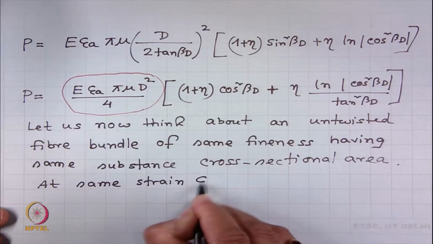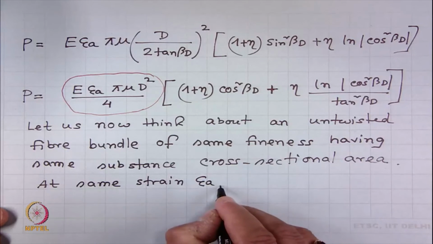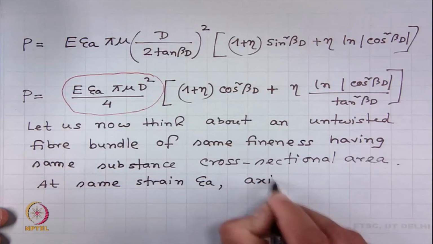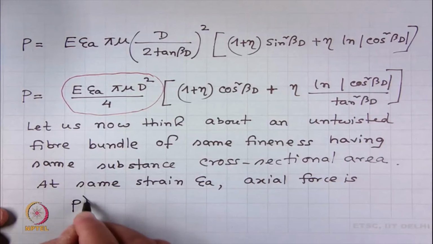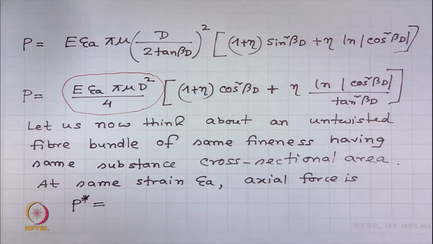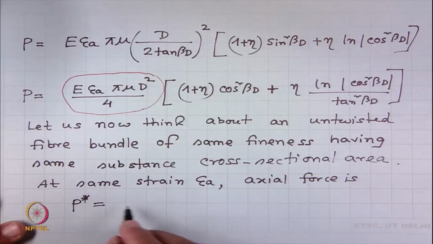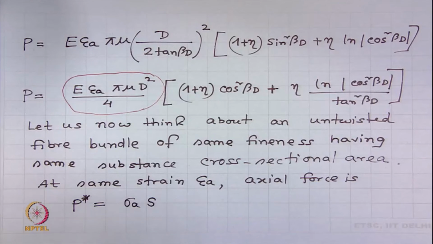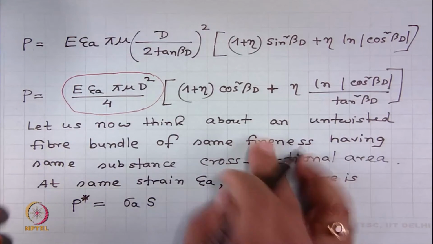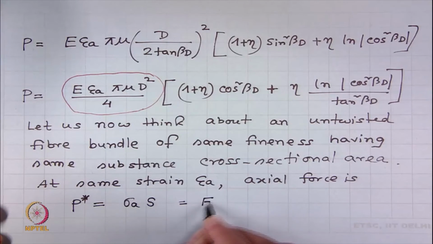what is the strain? Epsilon A. What will be the axial force? This axial force we denote by P star. P star will be equal to sigma A into substance cross sectional area. Force is equal to stress into area. What is sigma A for such parallel fiber bundle? E into epsilon A. And what is S?